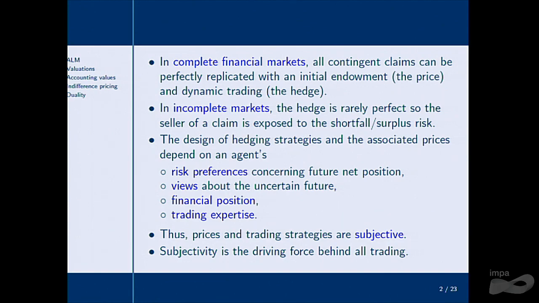I will have an example on simple index option pricing where the market is not terribly far from being complete. And there we get some interesting numerical results where you still see the effects of these subjective factors, and it nicely illustrates the whole incomplete markets theory in a very simple setting.